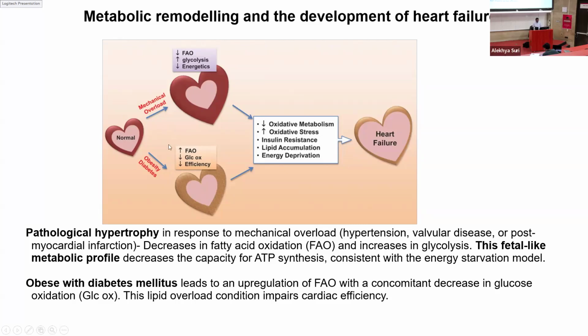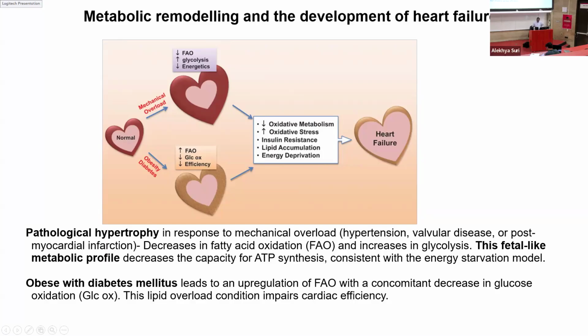However, if the heart undergoes mechanical stress, mechanical overload, you will see a decrease in fatty acid oxidation. However, the glycolysis will go up. So during mechanical overload, you will see increased glycolytic pathways.